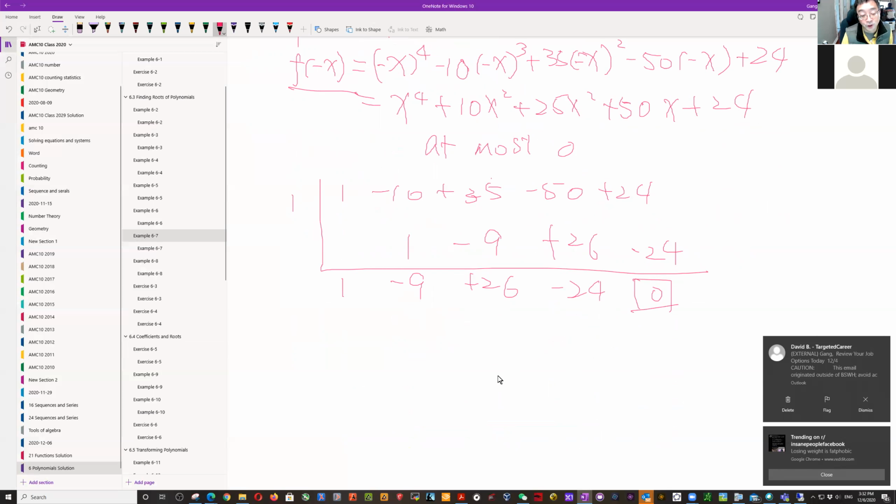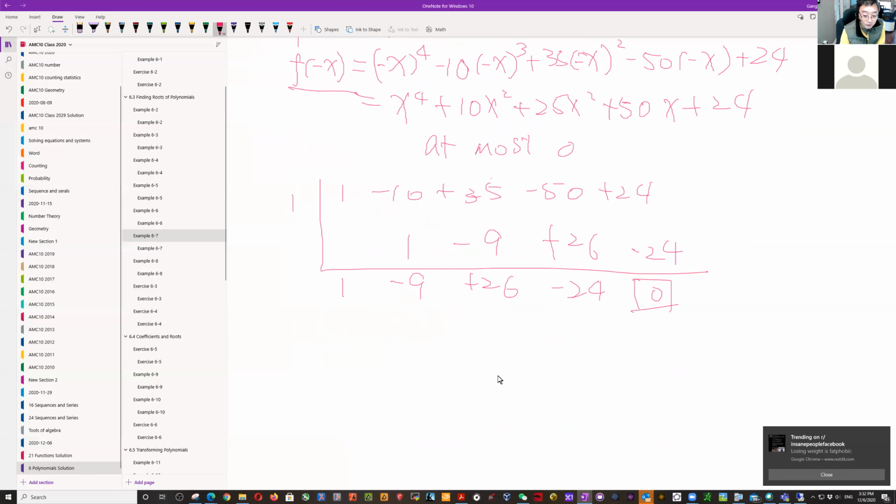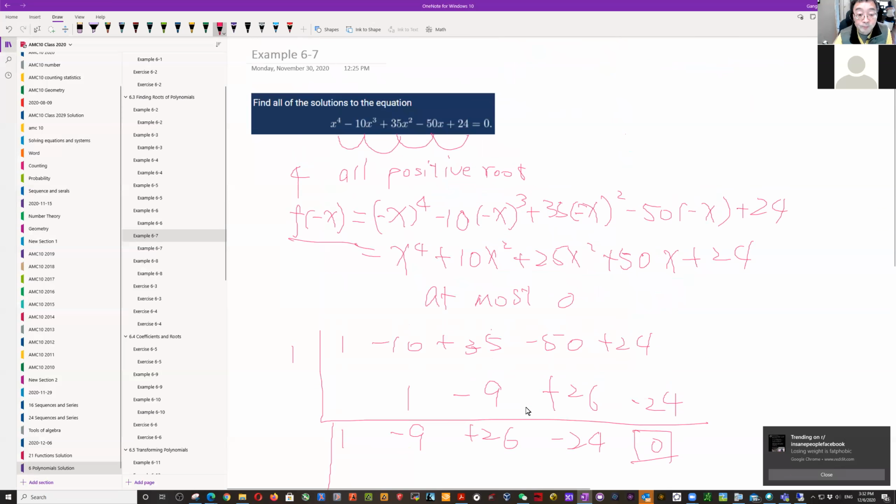Here it has 3 sign changes, so it still has 3 possible positive roots. For those 3 positive roots, we can try putting in numbers, and we can test 1. Obviously 1 does not work. So we can try to test 2, because the last number is 2 cubed multiplied by 3.